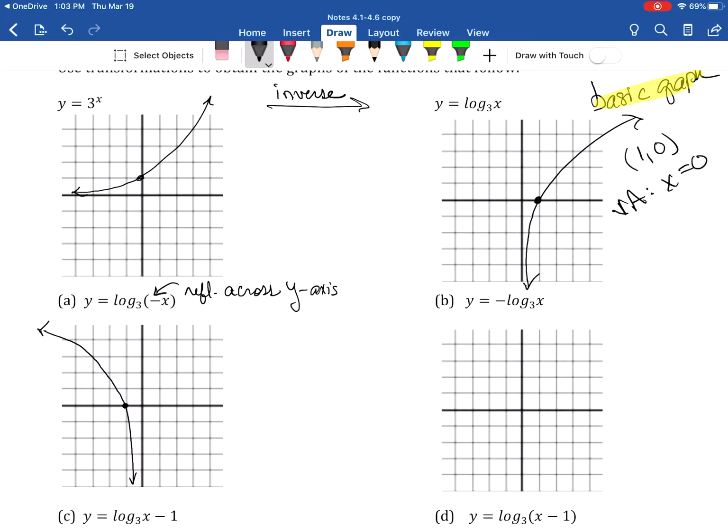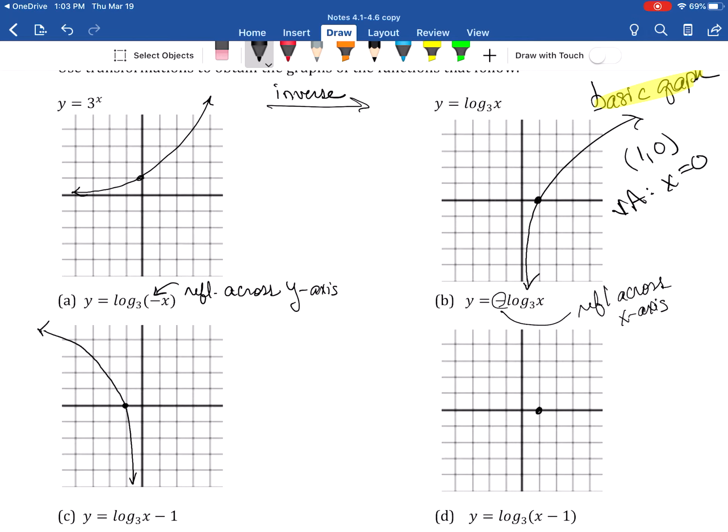Example B is another type of reflection. This time the negative is in front of the logarithm. That means reflect across the x-axis. So the point (1, 0) goes nowhere. The vertical asymptote goes nowhere. So what's going to change?